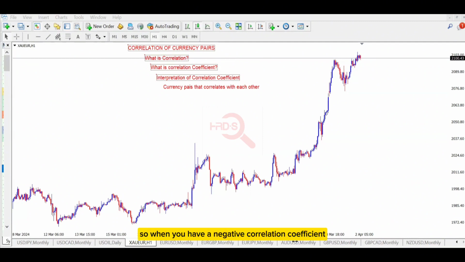When you have a negative correlation coefficient, a result of -0.6, -0.3, -0.95, it means that the values of the two currency pairs move in opposite directions. When one is in an uptrend, it's most likely that the other one will be in a downtrend.